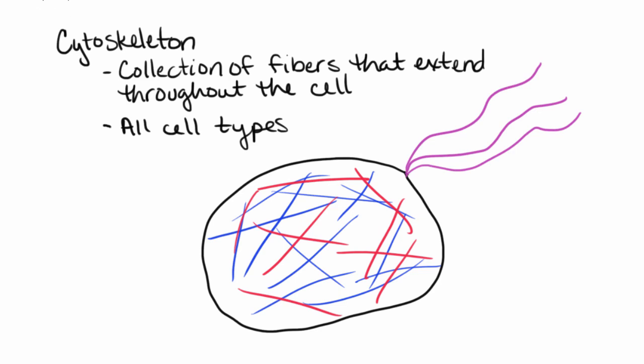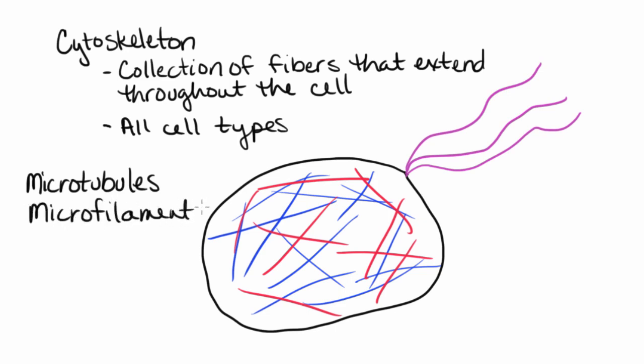So if we talk about some of these different fibers that I've drawn on here, we do have some that are called microtubules. We have some that are called microfilaments. And then there's also some that are called intermediate filaments.